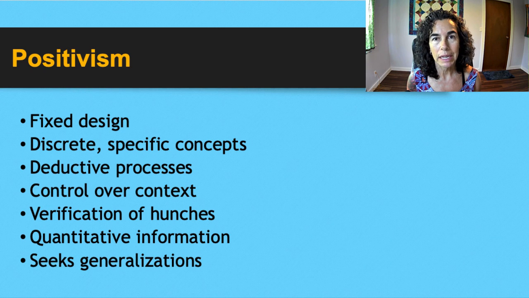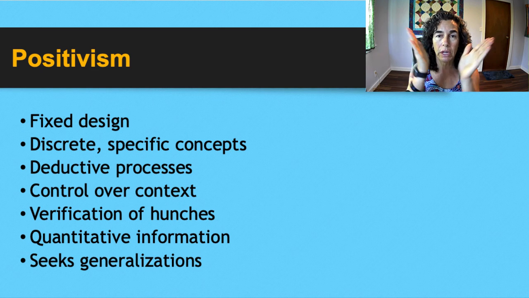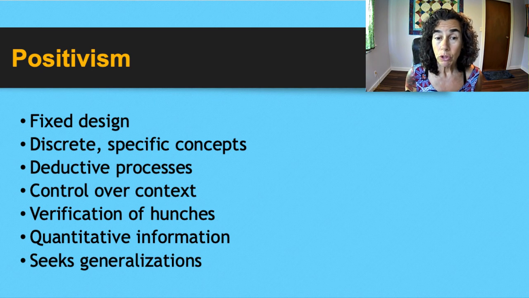It has really pretty rigid concepts associated with it. It's a deductive process. In other words, you start with a big picture and you work your way down to a narrow conclusion. You have control over the context. In other words, if you think about research that happens in a lab versus out in the real world, that's very positivistic.